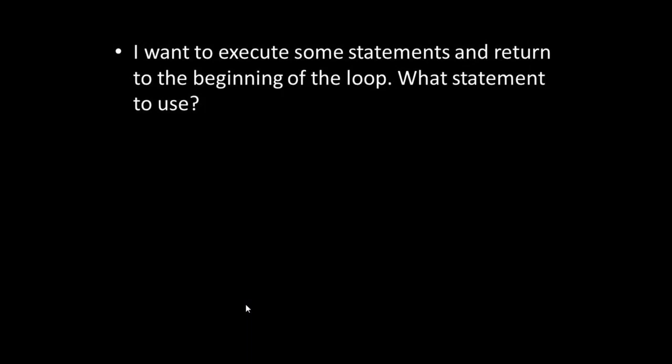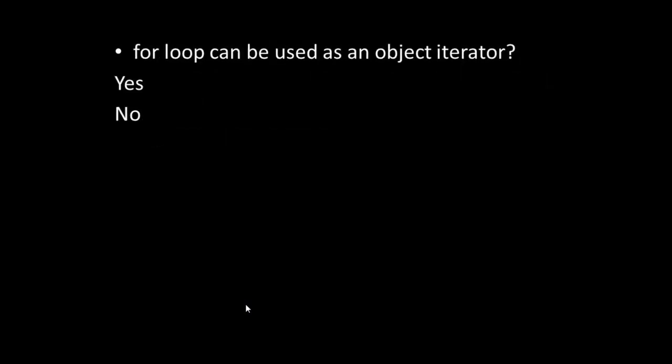If the condition meets, you want to go back to the loop and you want to skip the remaining statement. So what we will use is continue statement. Now continue will take the execution back to the loop, whereas break statement will terminate the loop. That is the main difference between continue and break.